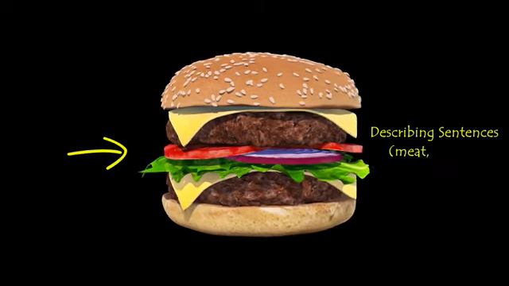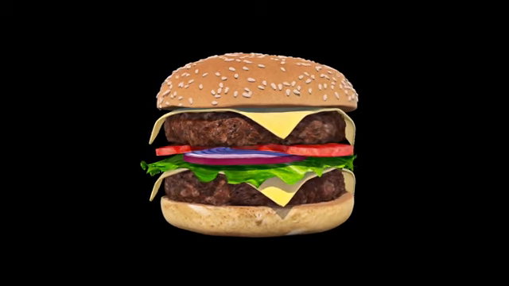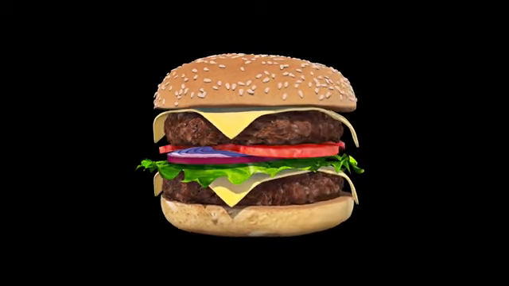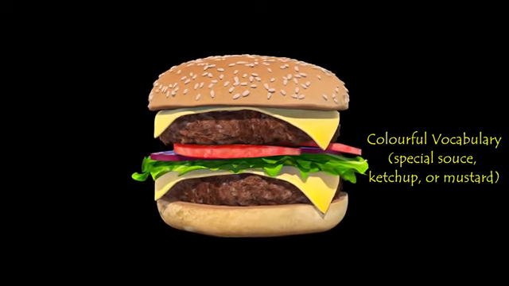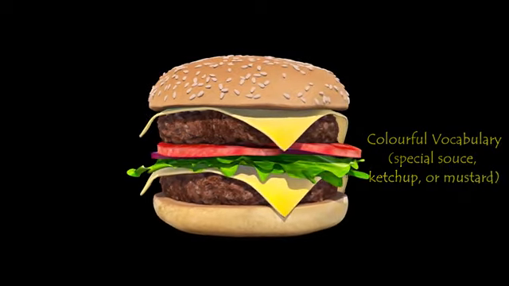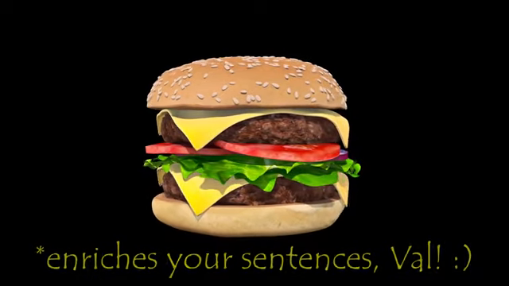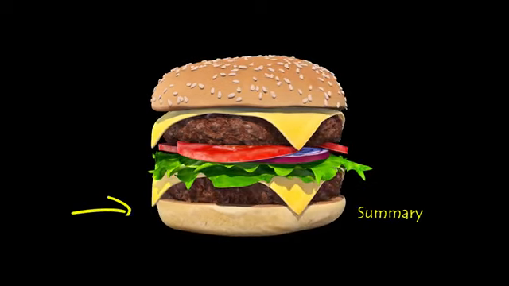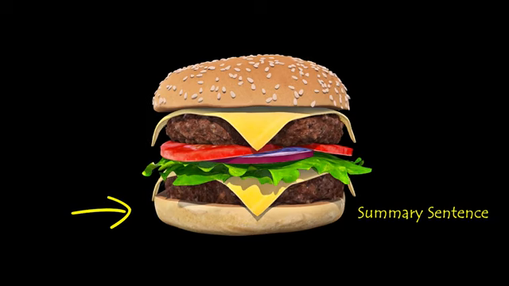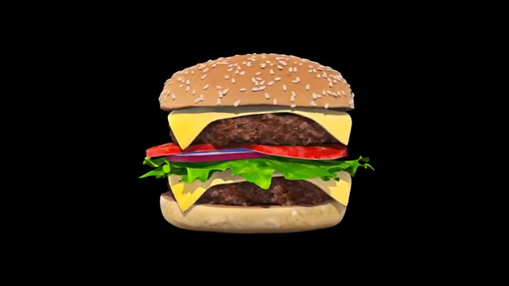So meat, lettuce, tomatoes, or onions are your describing sentences. And special sauce, ketchup, mustard, is the colorful vocabulary, which enriches your vocabulary. It's what makes your sentences tasty. And the bottom bun is your summary sentence. It is what concludes the paragraph.